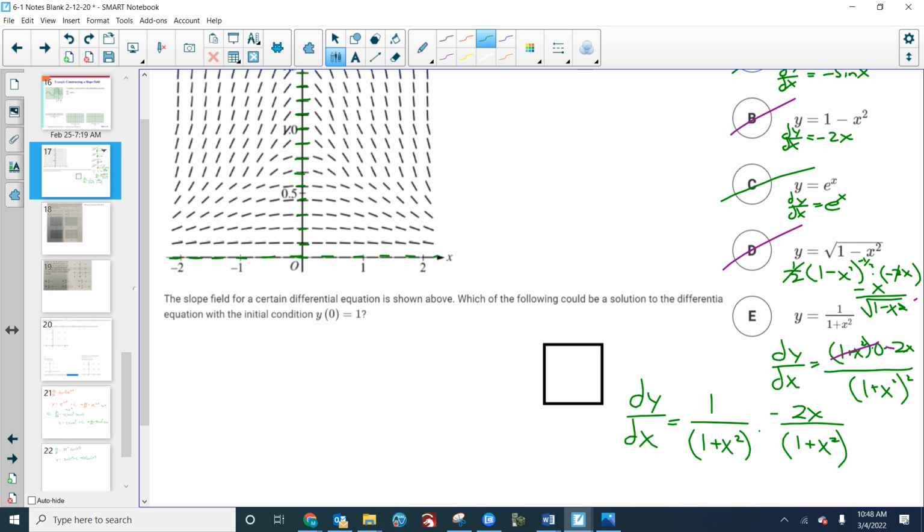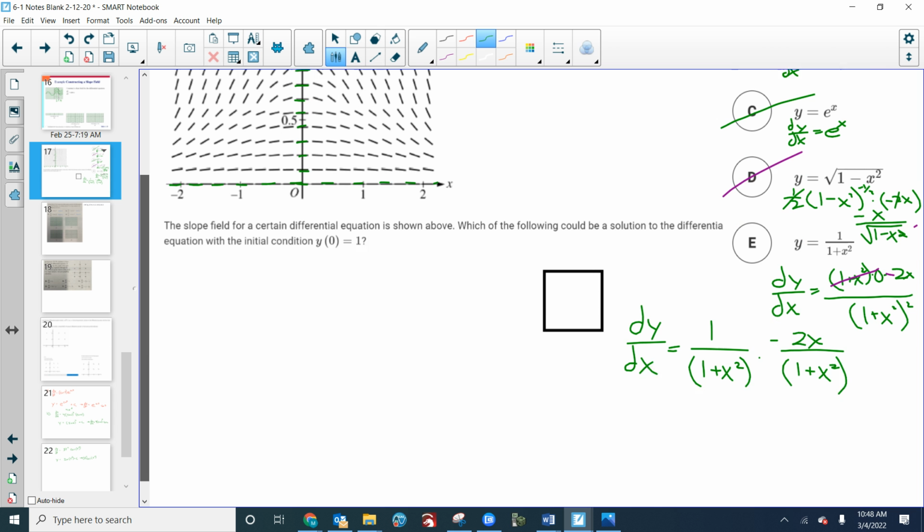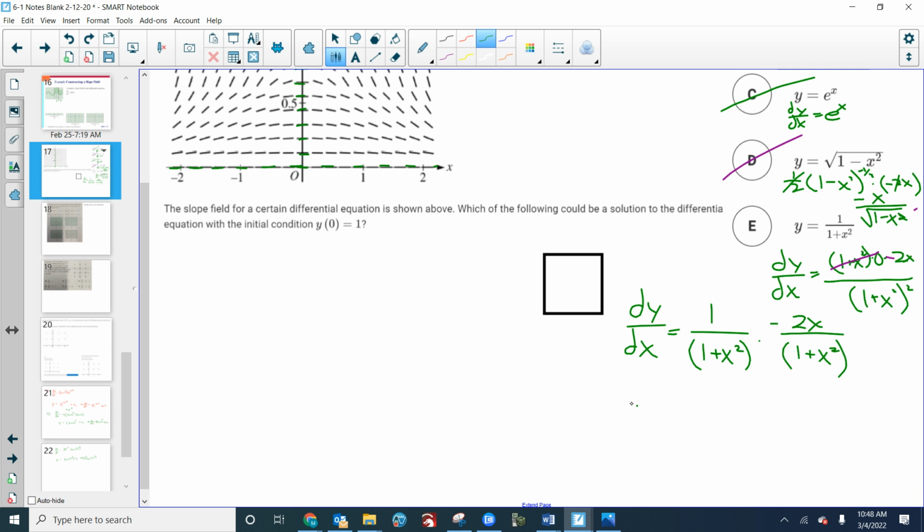Let me double check. Is that legal or illegal to write it like that? Legal, right? So dy dx is negative 2x times y.